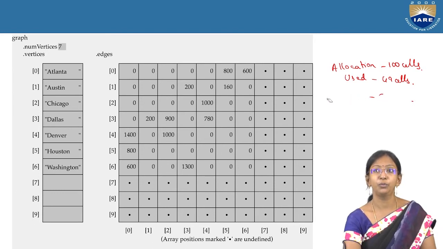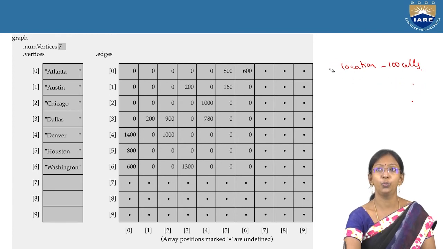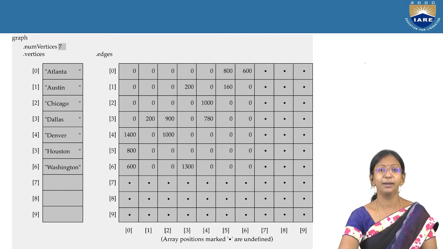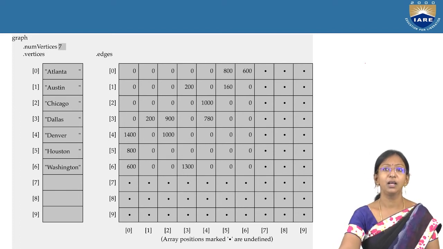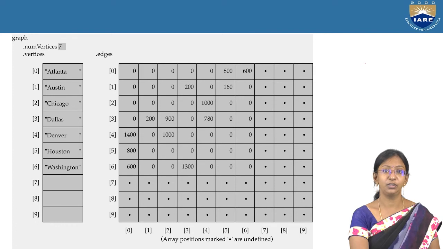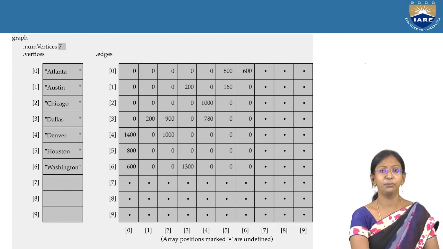Can you see that? Yes. So 51, more than 50% of the memory went in vain, waste. So that is the basic drawback of arrays, whether it is single dimensional or double dimensional. And have a look at the 49 cells which I have used. Not all nodes are connected to each other. It is not a complete graph. I hope you might have seen that it's not a complete graph.